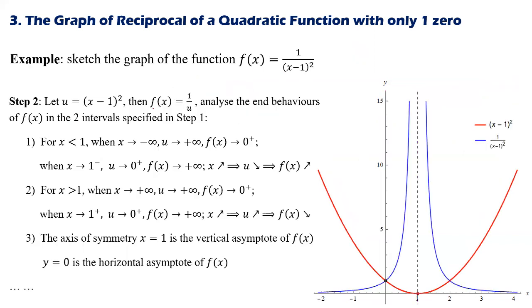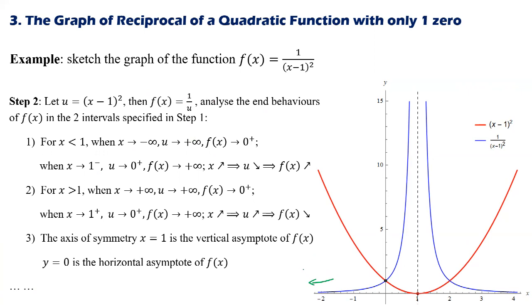Next, let u equals (x minus 1) to the power of 2. Then f(x) is 1 over u. Then we can analyze the end behavior of f(x) in the two intervals specified in step 1. First, let's have a look at when x is less than 1. First, when x approaches negative infinity.